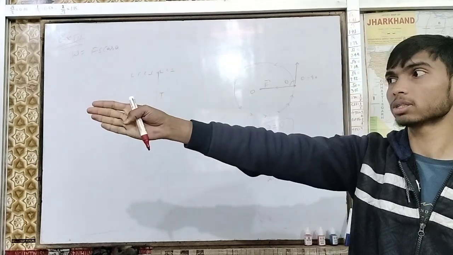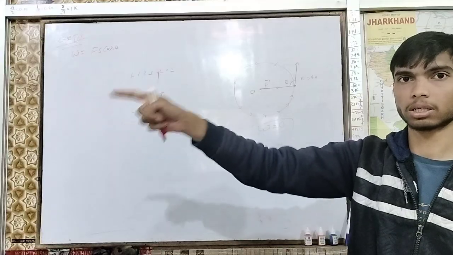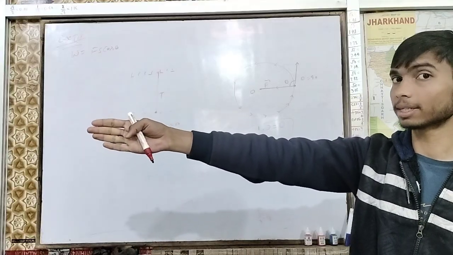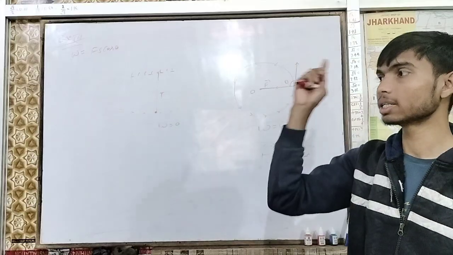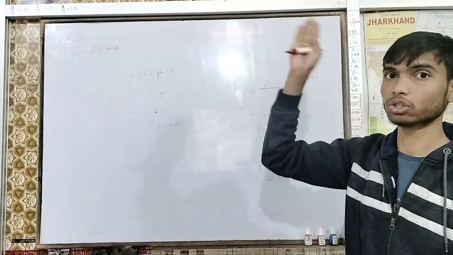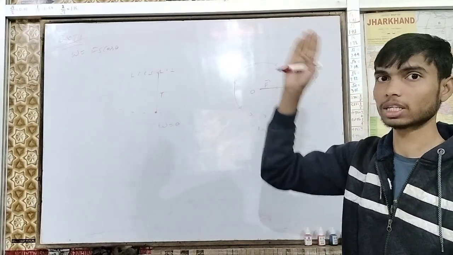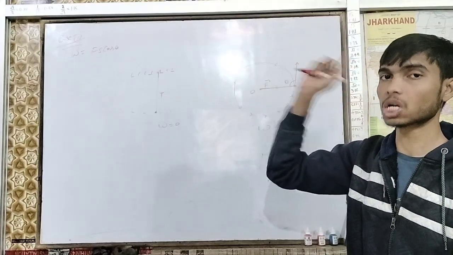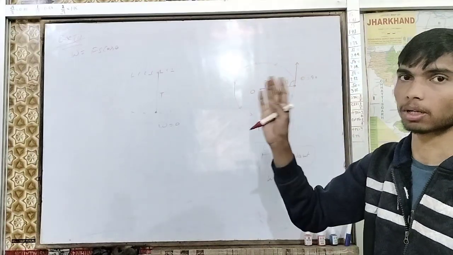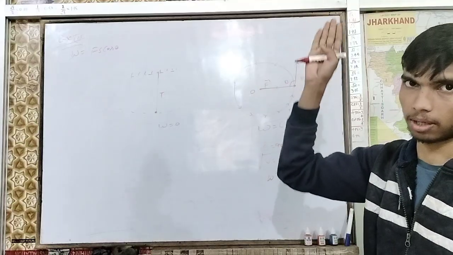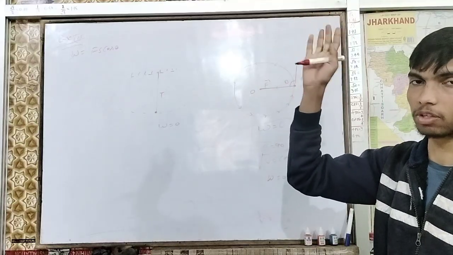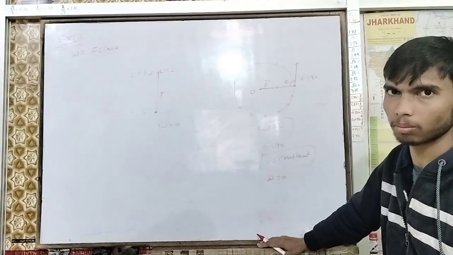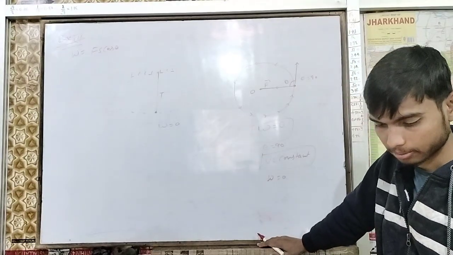So centripetal force is towards the center of the Earth. So this is our force, which is a centripetal force, and the direction of motion is always tangential. Tangential is the direction of the object on this circular path. So if this is the direction of the object, between them the angle will be how much? 90 degrees. So 90 degrees gives 0 work done.